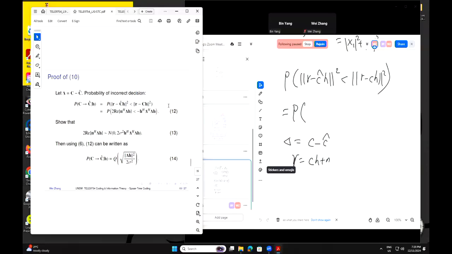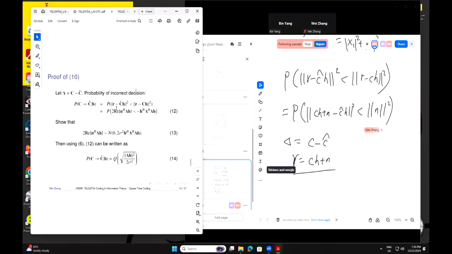Next we are trying to simplify this equation. On the left-hand side, we substitute R equals CH plus noise, so that is CH plus noise minus C hat H square, smaller than R minus CH, that is N square.